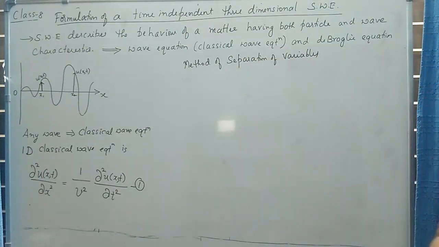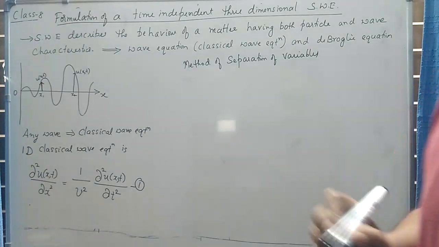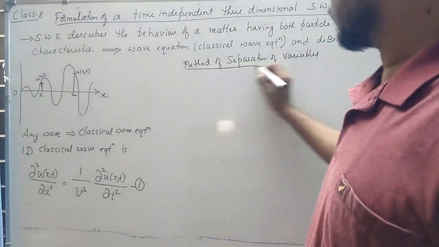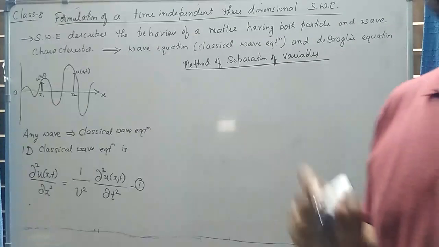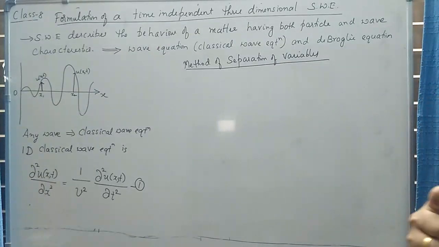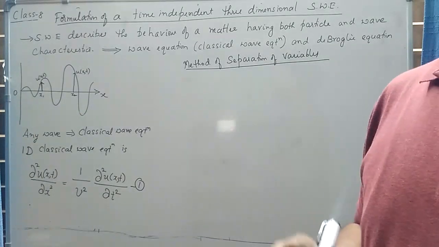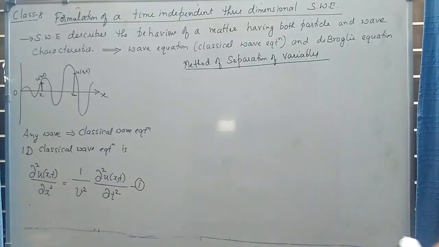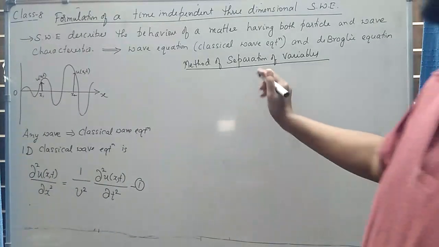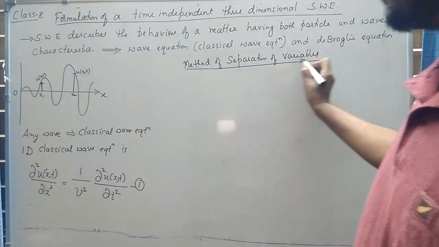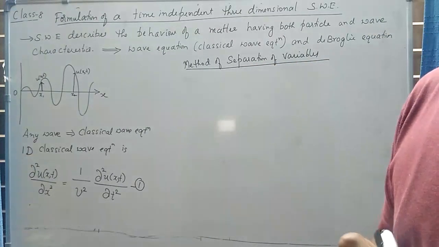It is much easier to use and apply. This is one of the methods that we will be using very frequently in our future classes when we discuss solving different types of Schrodinger wave equation.